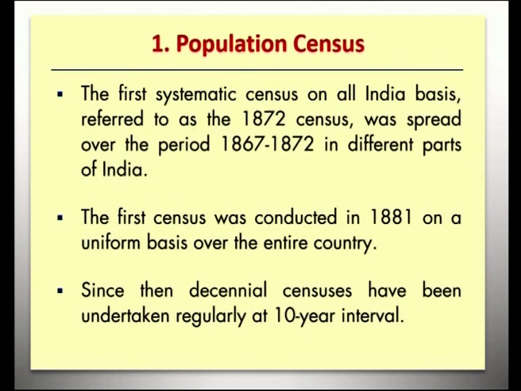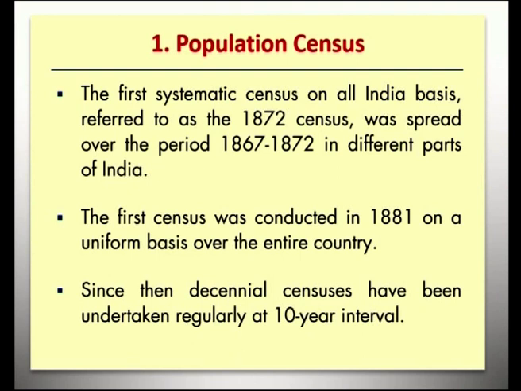To start with, we will study the population census. The history of population census: the first systematic census on all India basis, referred to as the 1872 census, was spread over the period 1867 to 1872 in different parts of India.